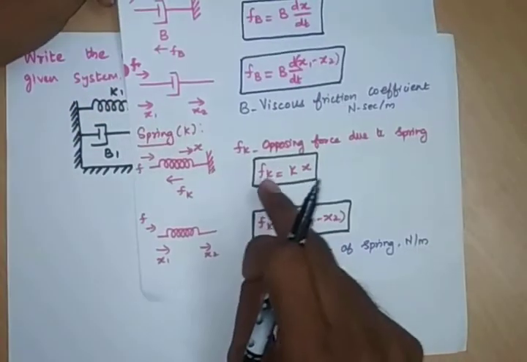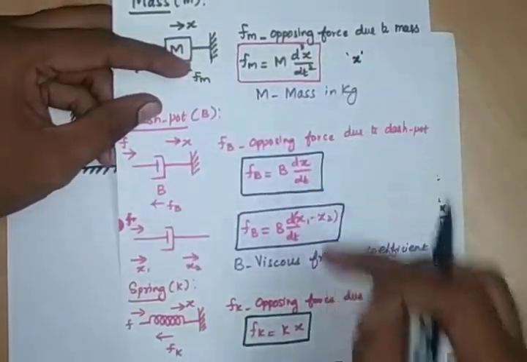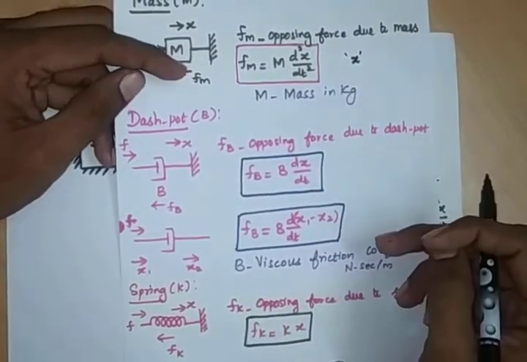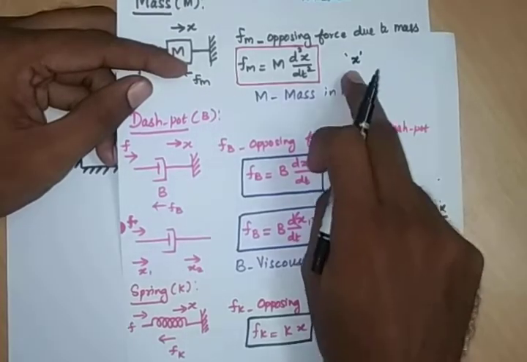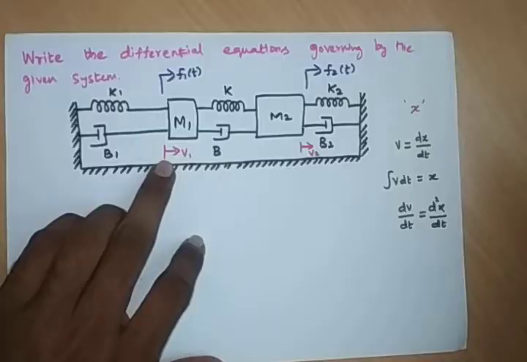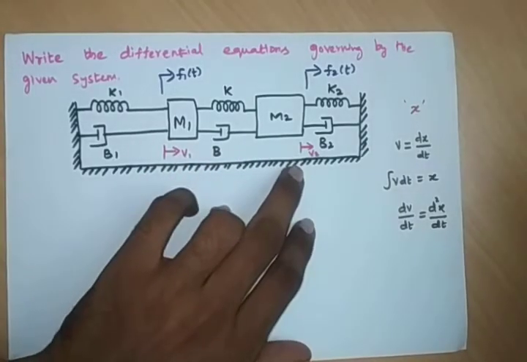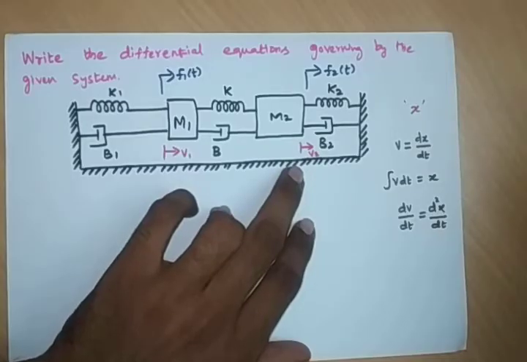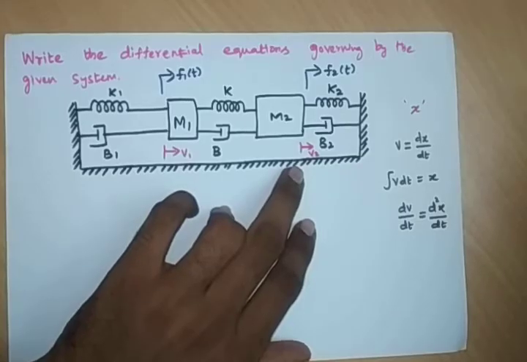Fk is equal to k into x. The basic formulas we studied for this topic are based on displacement. But in our problem, v1 and v2 are the output parameters, which means we need to write the differential equations in terms of velocity.